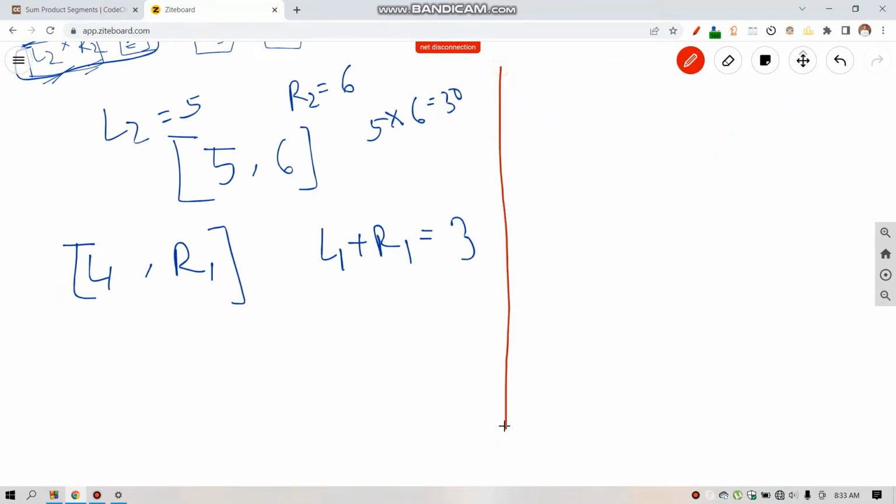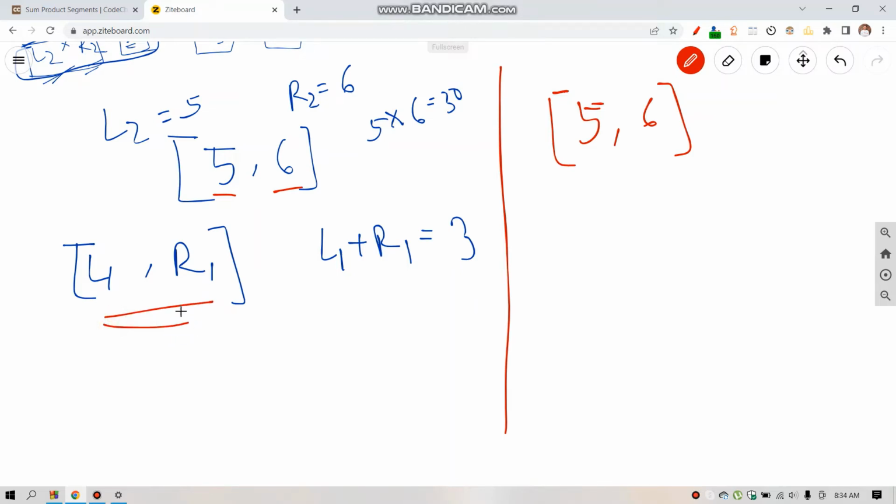Now as we fixed our L2 and R2 as 5 and 6, what are the possible values that can build the segment L1 and R1?